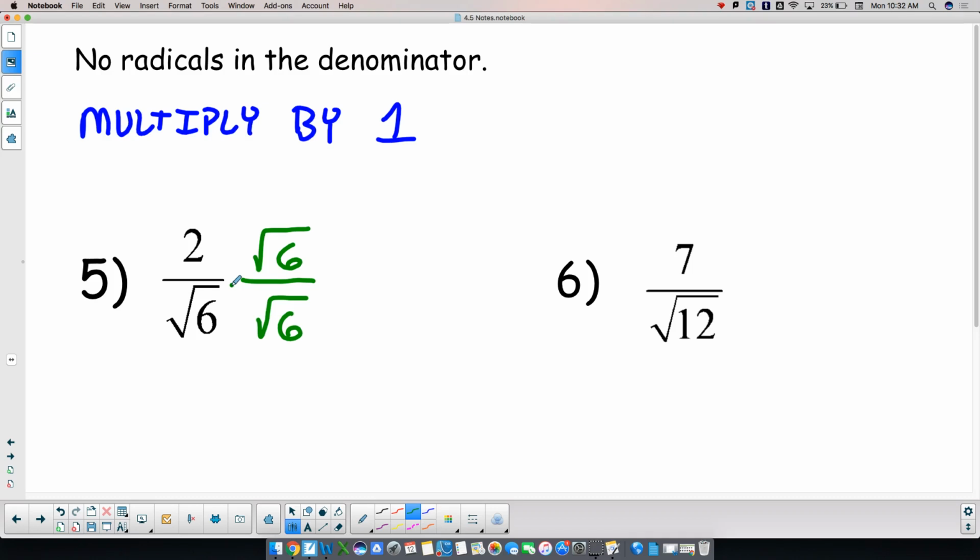As long as the top is equal to the bottom, that's going to be 1. And then for this one, on top now, I get 2 times the square root of 6. On the bottom, I get the square root of 36, which is 6.